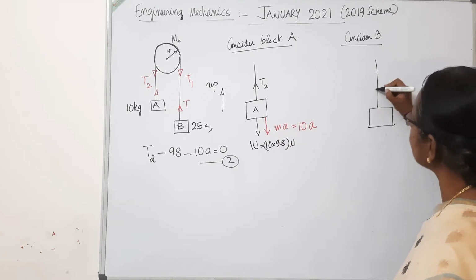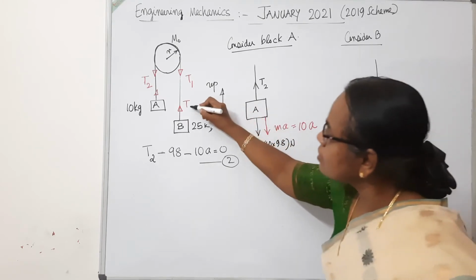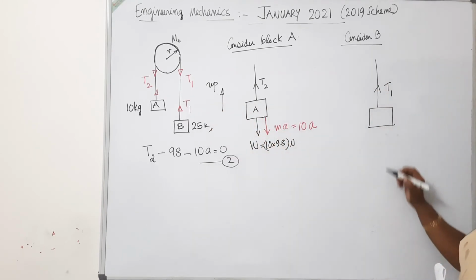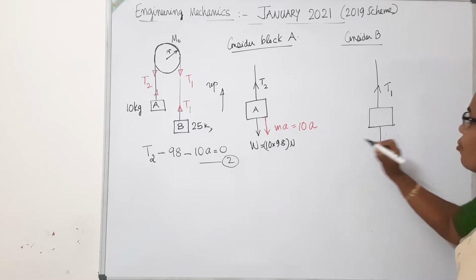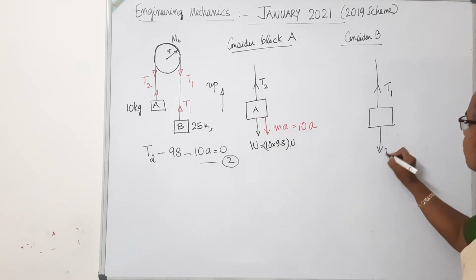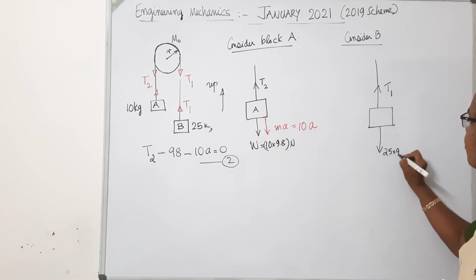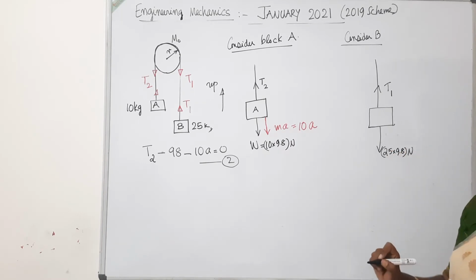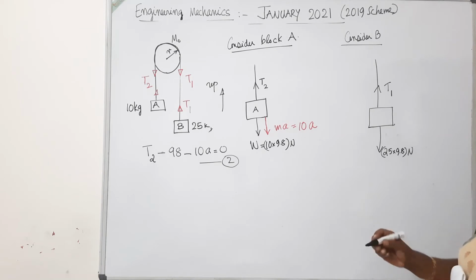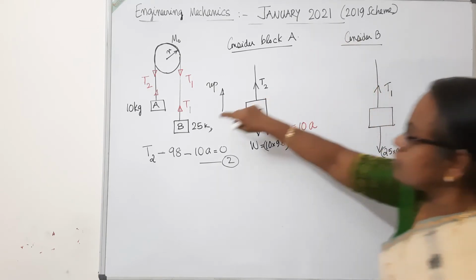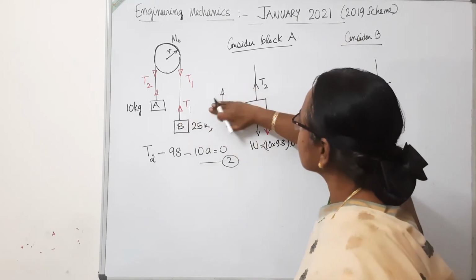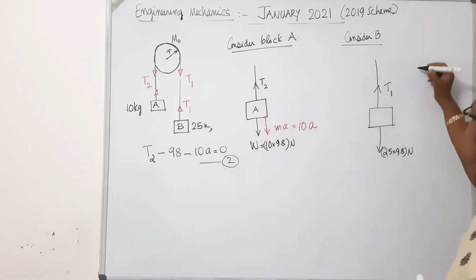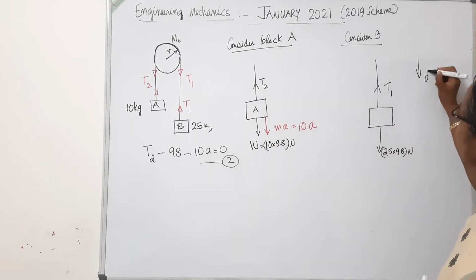What are the forces acting on it? The tension in the rope, T1, is acting upward. The self-weight is acting downward. How much is the self-weight? 25 kilogram, so 25 into 9.8 Newton, acting downwards. What about the direction of motion? This B is moving down.